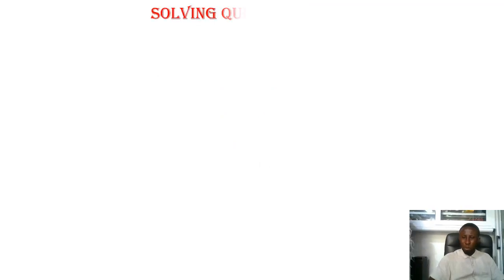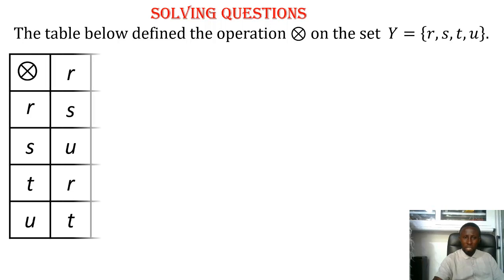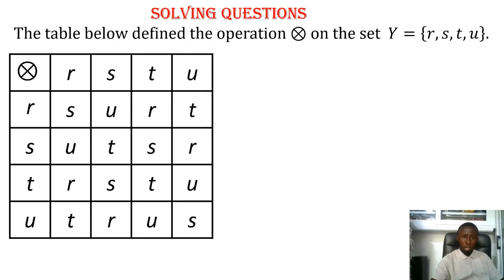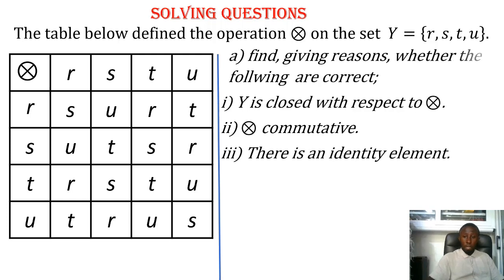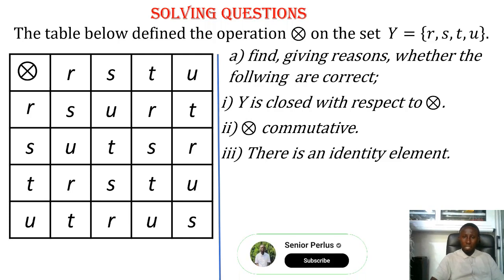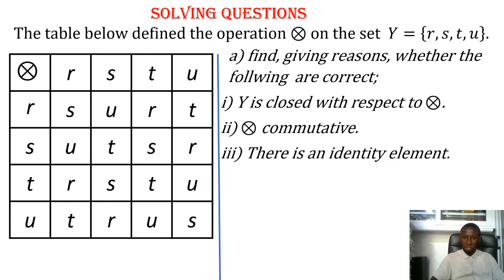Our second example is on solving questions on the binary operation, using all the properties that we have done so far. So this is our second question. I'm normally solving the table one. Give reasons whether the following are correct. I. Y is closed with respect to the operation.